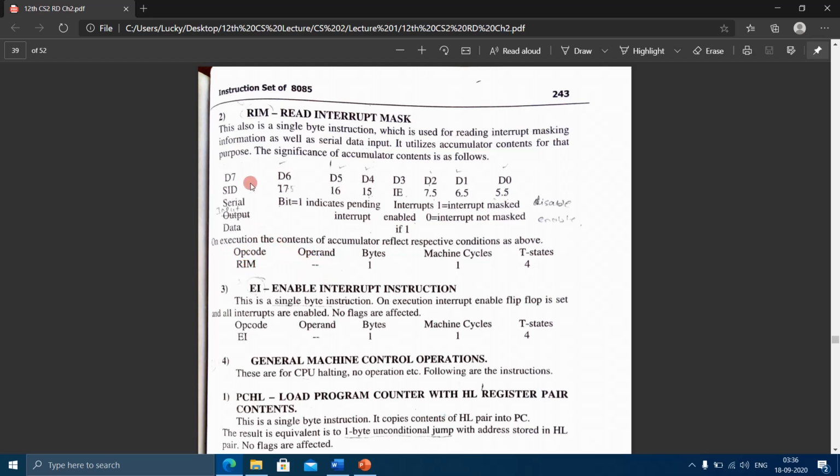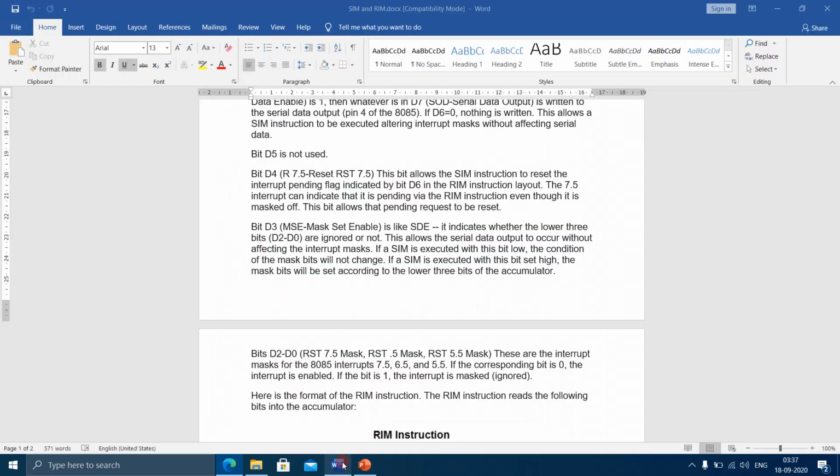So let us see what each bit of the accumulator means when we use the RIM instruction. If the programmer wants to read the contents of the accumulator, read the interrupts, or read the data serially from the SID pin, the programmer will use the RIM instruction. So let's see what each bit means.